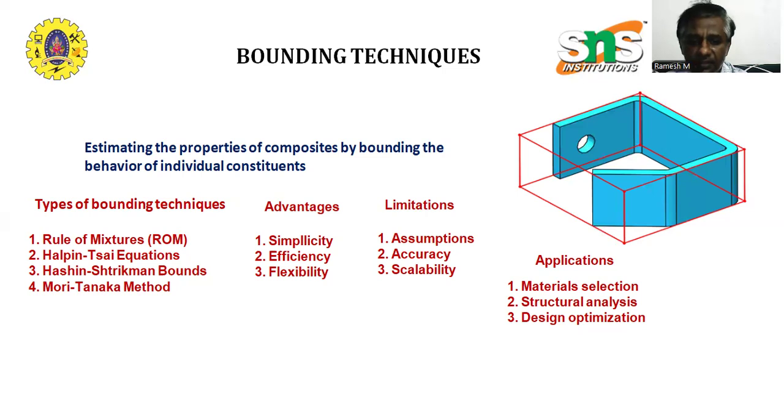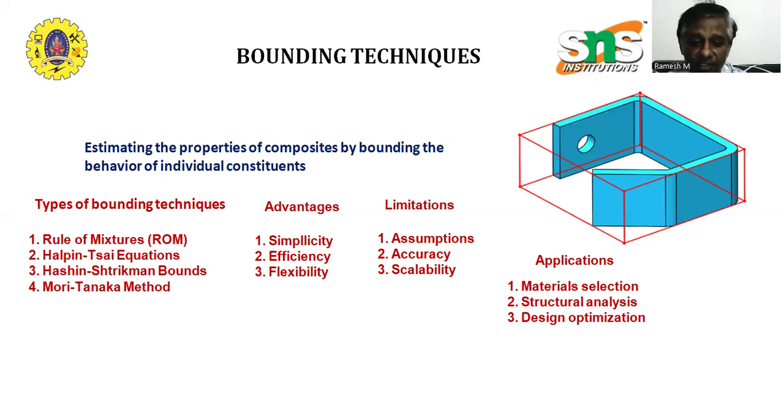Then we can go for the advantages of the bounding techniques. It's very simple: simplicity, then efficiency and flexibility. Bounding techniques are relatively simple to apply and require minimal computational effort.